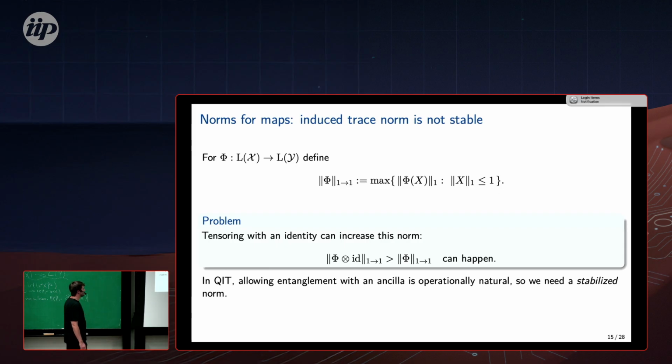Okay, so this tells us that somehow looking at the channel itself, if you allow for entanglement, is not enough to quantify its power. We also need to take tensor products with the identity.